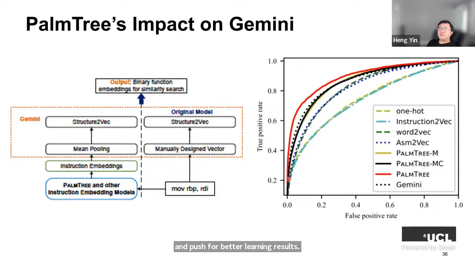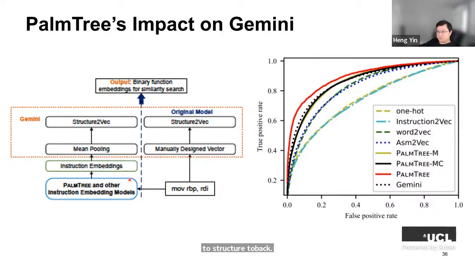Here I just want to share some evaluation results, to show how much impact it has on downstream applications. I just mentioned Gemini, which is a graph neural network and uses manually selected features. On this side is the original model: a manually designed vector fed into the Structure2vec graph neural network model.